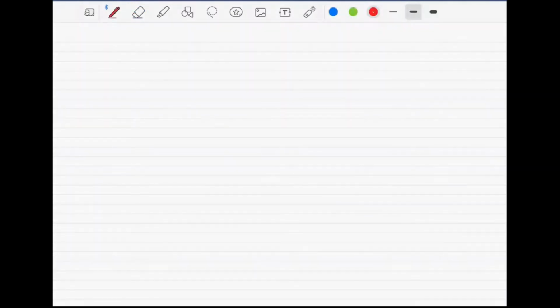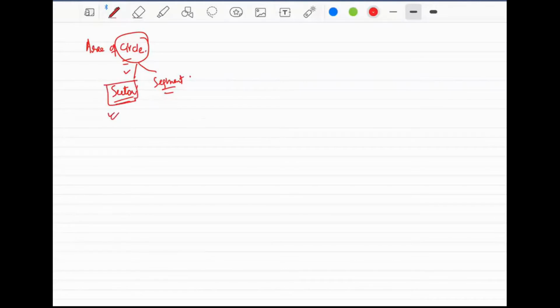So we have done area of circle, and from the circle, parts related to it. The first was sector and the second was segment. We have done questions related to this already. Sector, if you remember, is this portion right here.